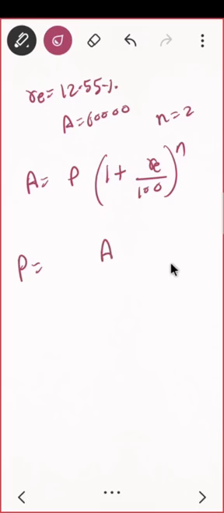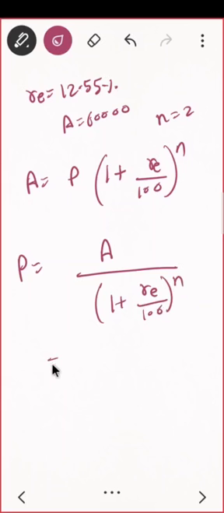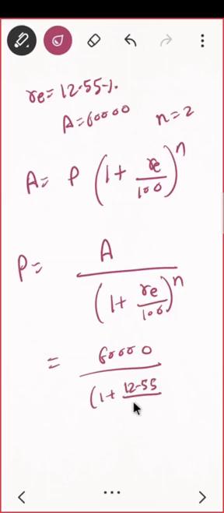It will be the amount upon the same thing. That is 60,000 divided by 1 plus 12.55 upon 100 raised to n. What was n? 2 years, I think. So it will be this.